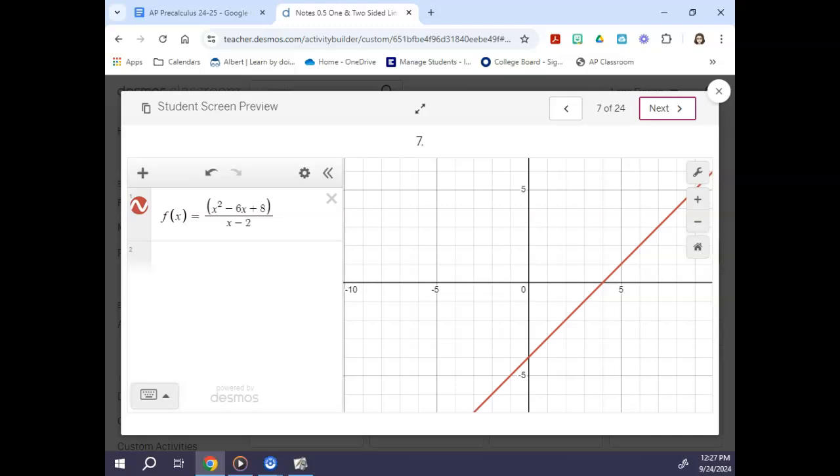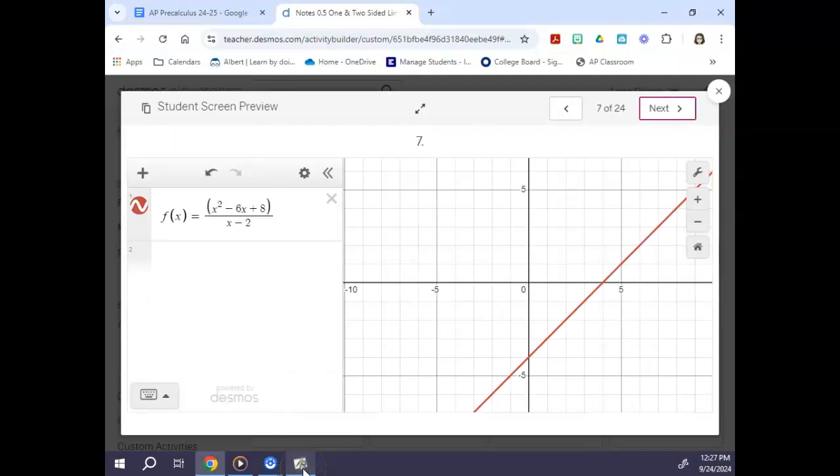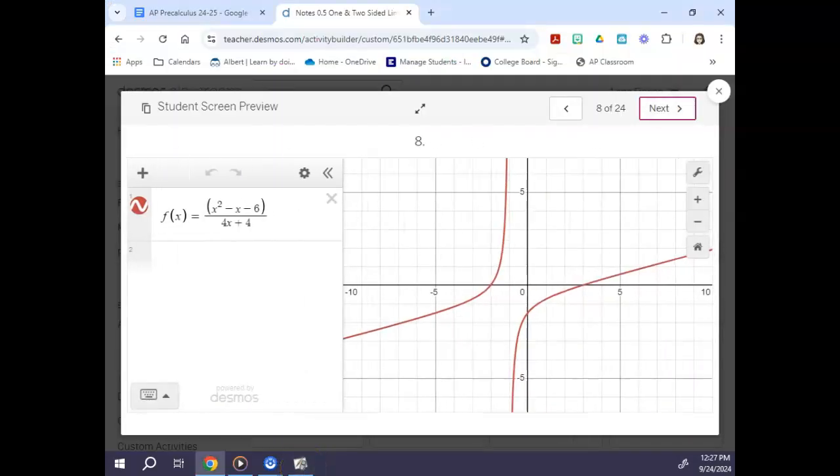Make sense? It's the y value. So this is -2. We good with that? All right. Number 8. The limit as x approaches -1 from the right. As I approach -1 from the right, what's my answer? -infinity. Good.